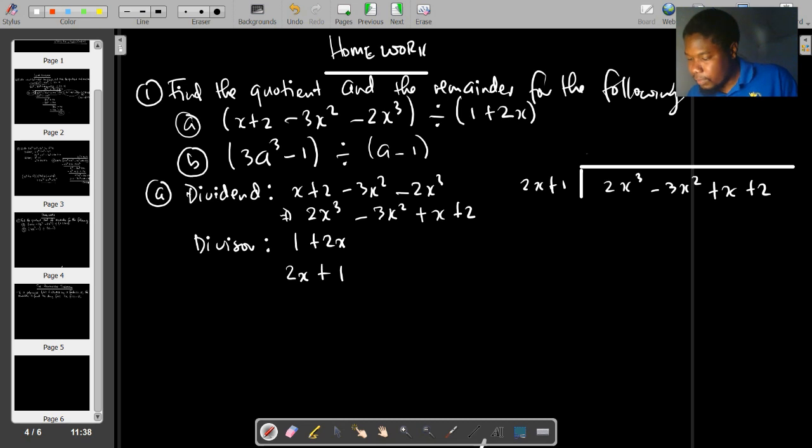Now remember, we're still starting with the first term of the divisor, the one with the highest degree. The highest degree there is 1, a power of 1 on x, so that's what we're starting with. So it will be 2x into 2x to the power 3. 2x to the power 3 divided by 2x will be x squared.